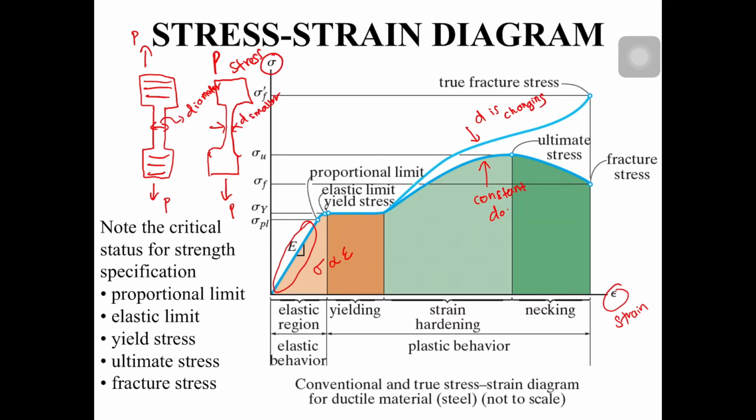So D becomes smaller, so the value of stress is also different, because stress is P over A. In A you have pi D squared over 4. Okay, so basically we just concentrate on the constant D. So we assume D is not changing.